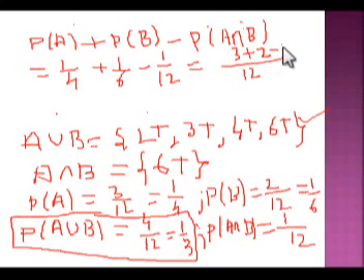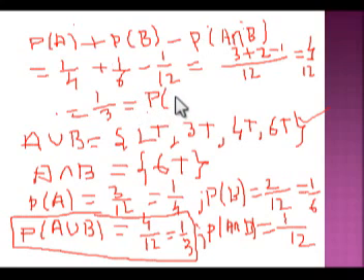You can see that this will be 4 by 12, which means 1 by 3, as we desired. This is 1 by 3. So it is equal to probability of A union B.